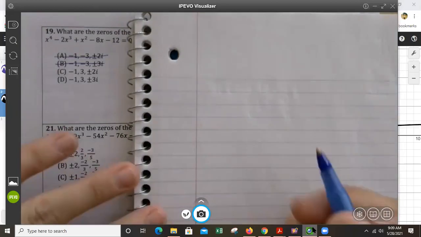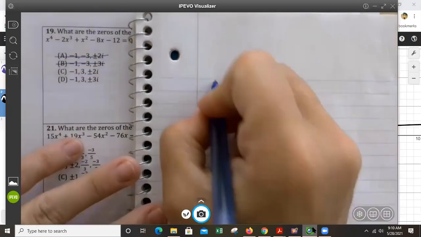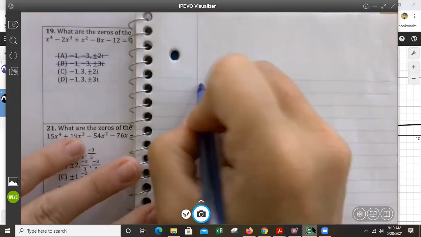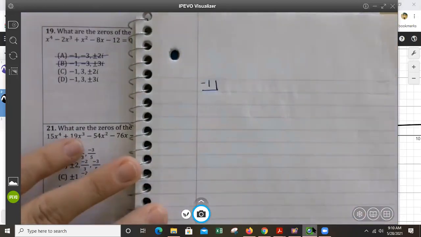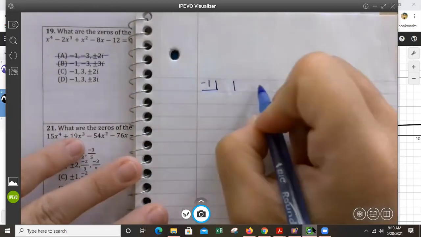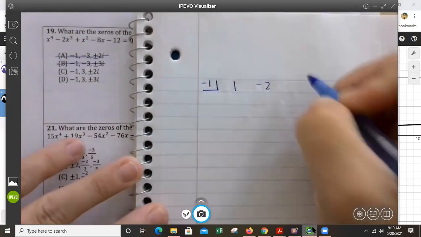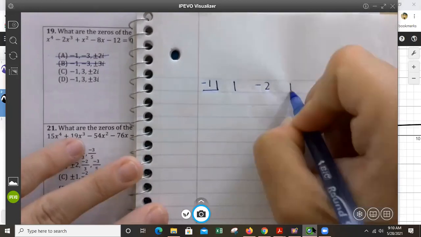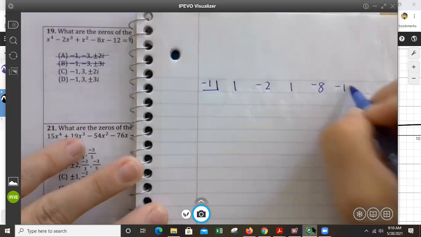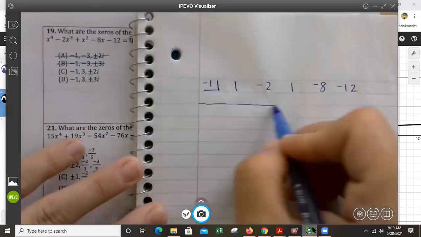So here's what happens. When you have your solutions, make it easy on yourself. We're going to do synthetic. The solution actually goes in the box. So we're going to start with negative 1. We have 1x to the 4th, negative 2x cubed, 1x squared, negative 8x, and negative 12. Remember, if they skip 1, you got to put a 0 in there.